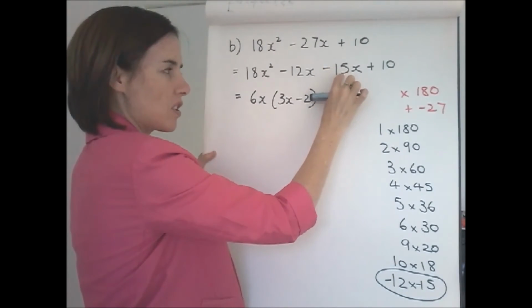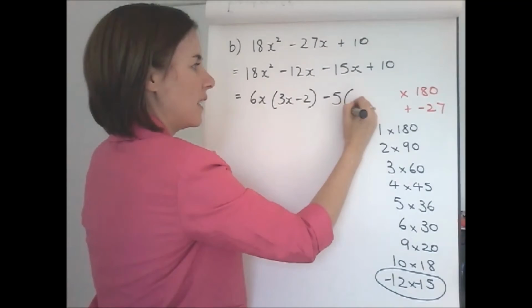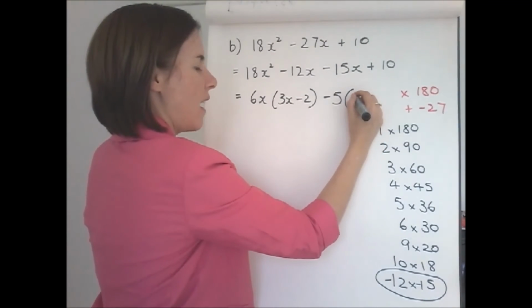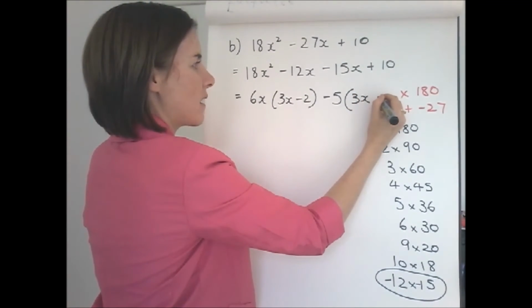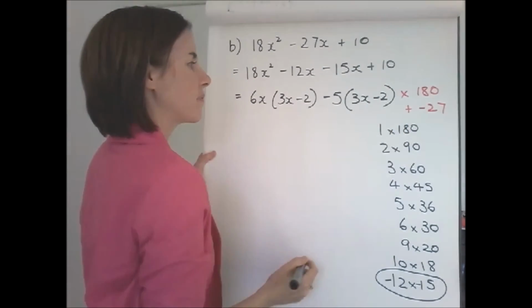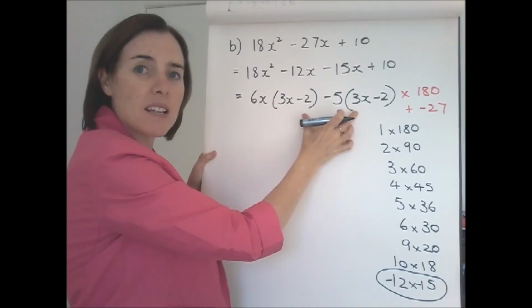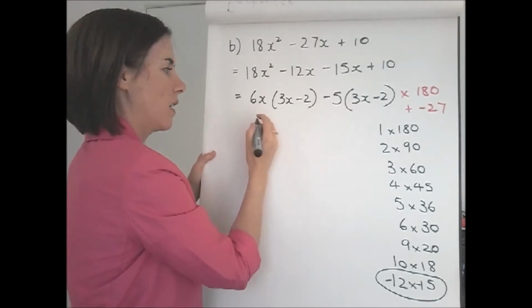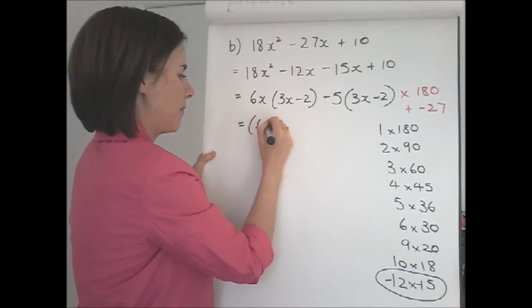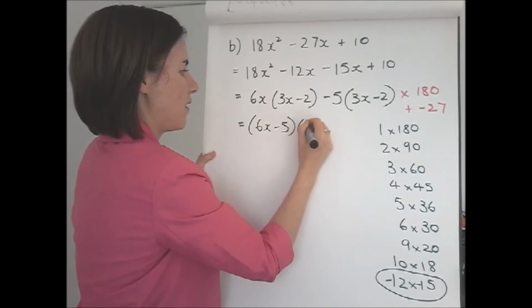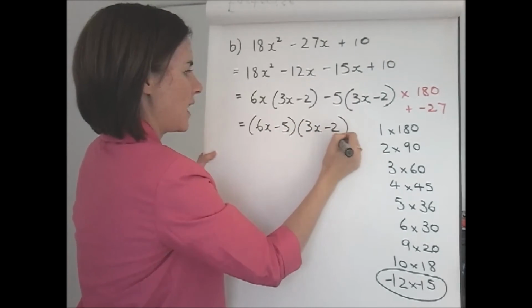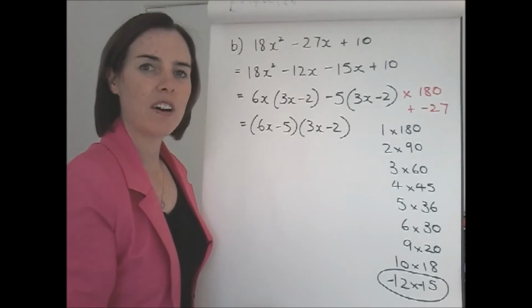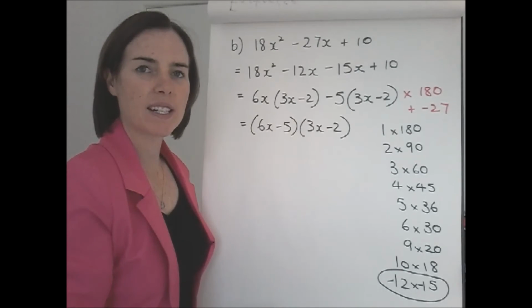Because the first number is negative, I will take that negative out, and that goes in 3x and 2. Now, of course, our brackets are the same. If we're able to find the numbers, the brackets will be the same. So the factorised version is 6x take 5 by 3x take 2.